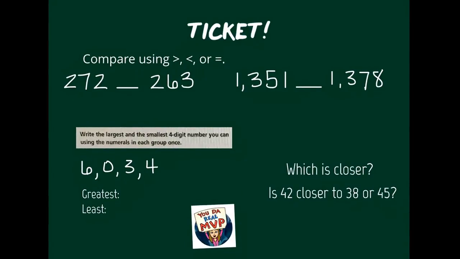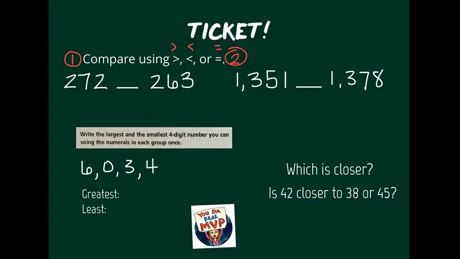Now it's your turn, mathematicians. The first step you're going to do, you have 2 problems here, number 1 and number 2. You're going to fill in that blank space and compare the 2 numbers using the greater than, less than, or equal to sign.